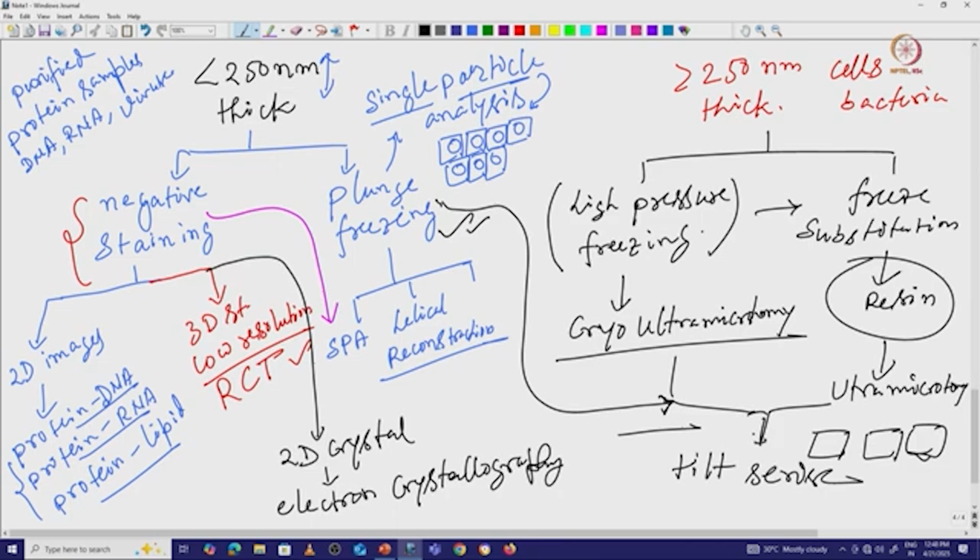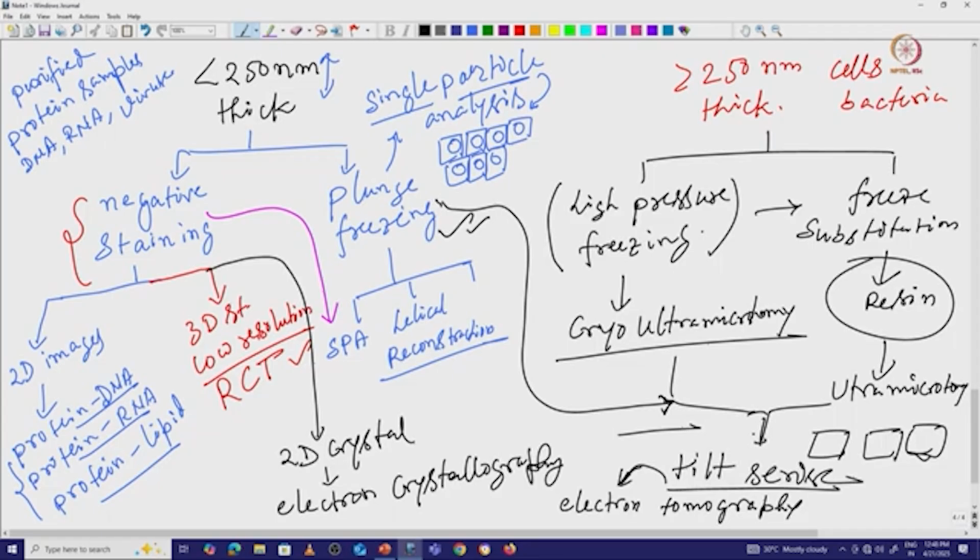Here we can collect this tilt series and finally use it for electron tomography.